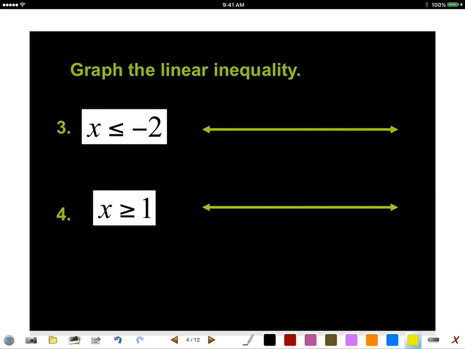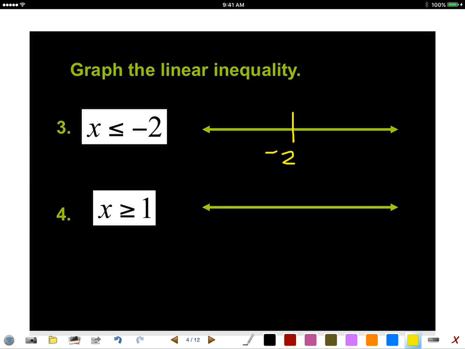All right, number 3, we're going to do the same thing. You just want us to do numbers on the line, and then, okay, we're just going to put the numbers, and then we're going to shade.